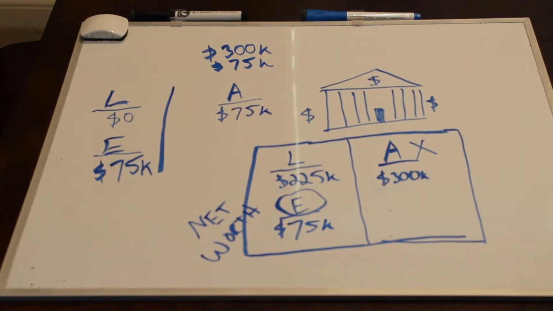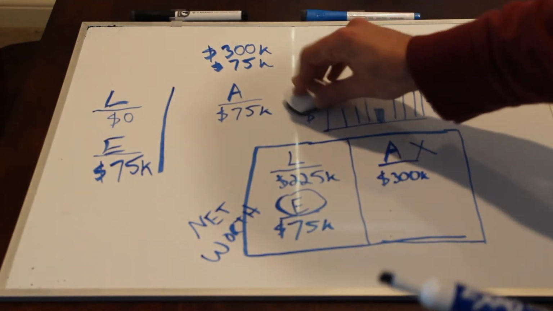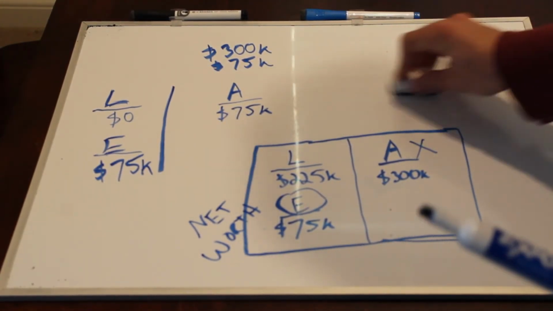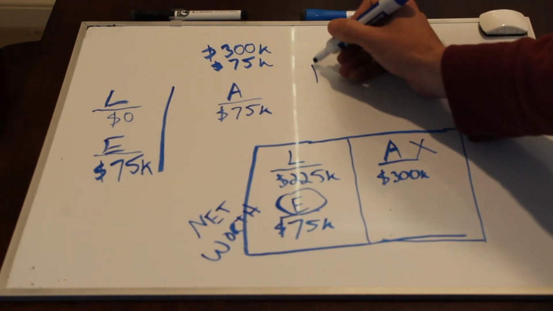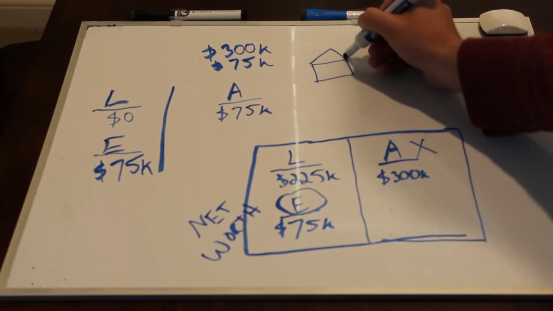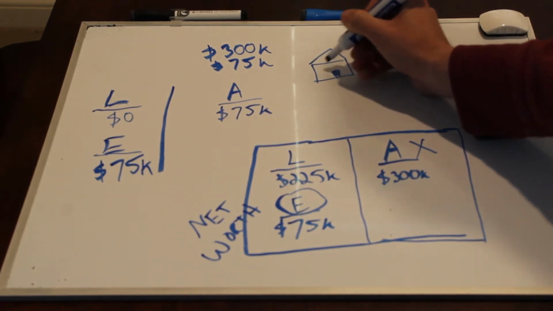So now you're going to go ahead and purchase the house. Let's erase the bank here. And you've got this house. It's a little smaller than the bank.